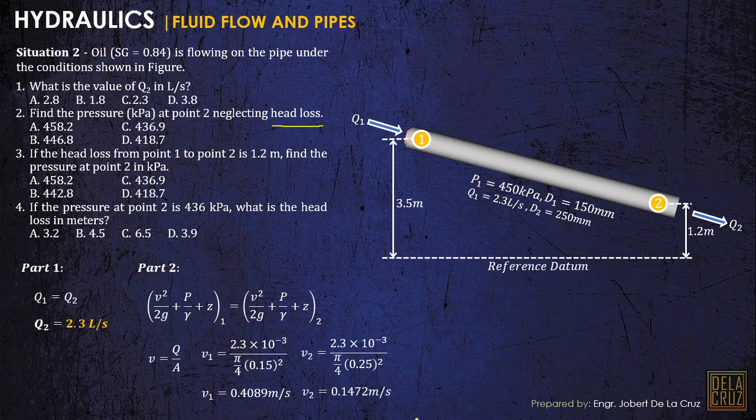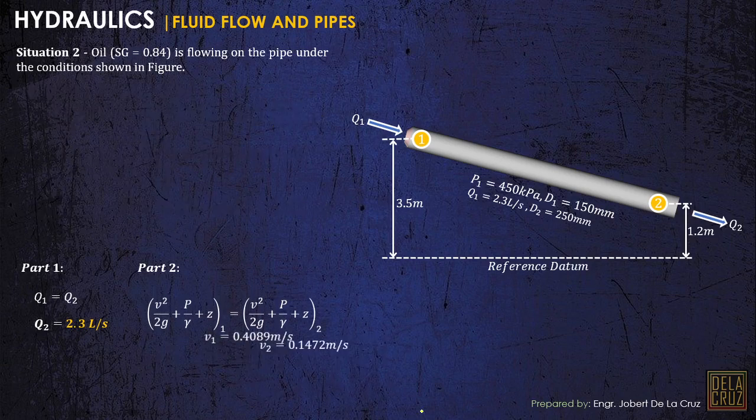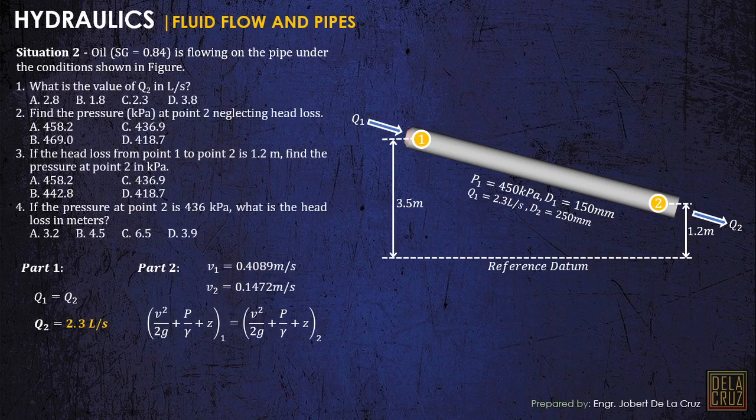Now we can plug these values in. What we are looking for is the pressure, so we can calculate it by directly substituting these values. V1 squared over 2G, the gravity, plus the pressure at point 1, 450, over the gamma. Take note that the liquid flowing here is not water, it is an oil with specific gravity of 0.84.